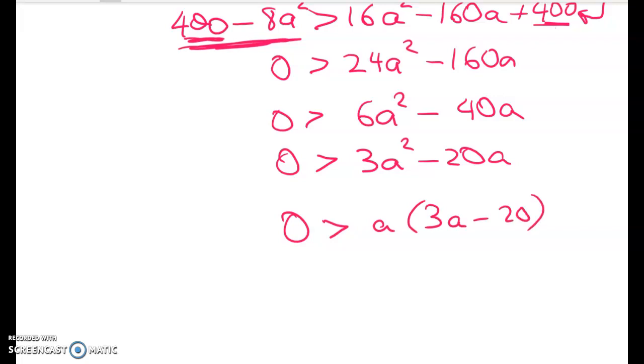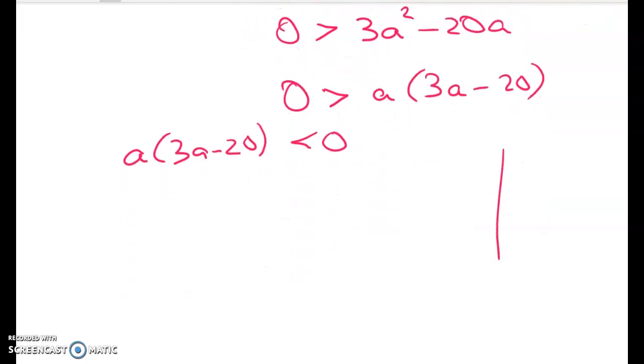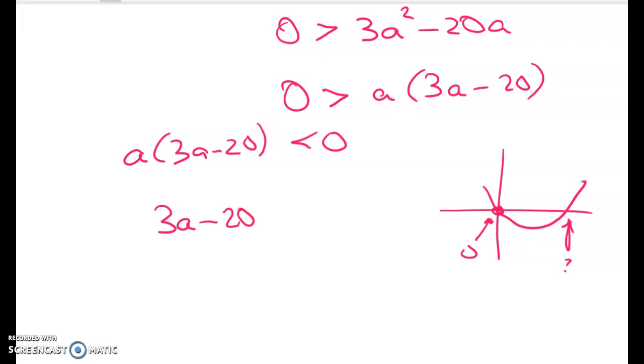So a times (3a minus 20) has got to be negative. So think about your parabola. You've got a quadratic inequality. You've got one root at 0, and you've got this one here. So 3a minus 20 equals 0 gives us a equals 20 over 3, which is 6 and 2/3, right?